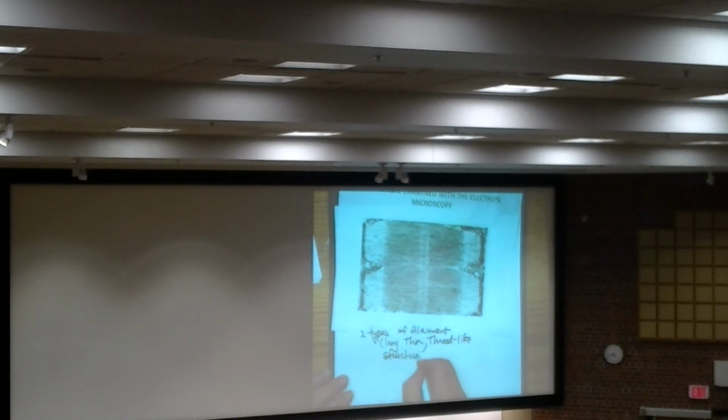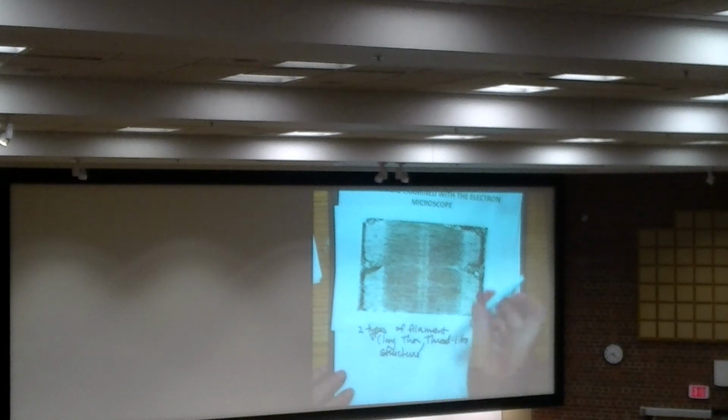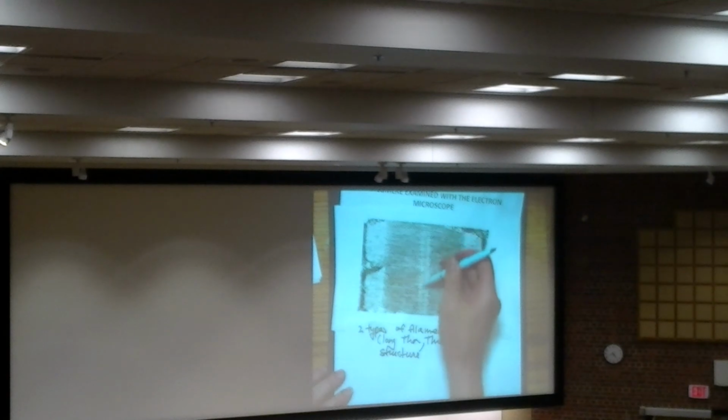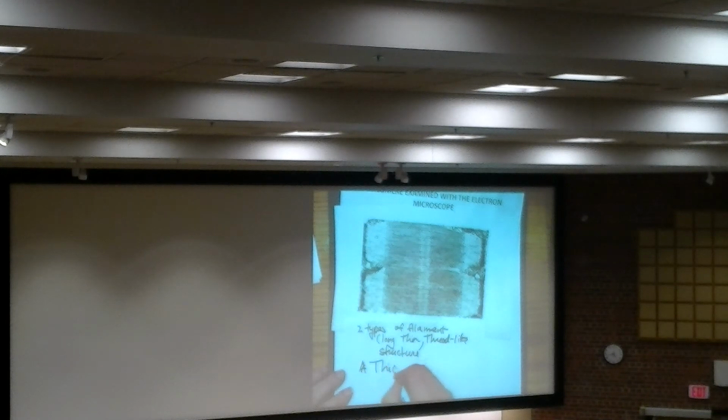Okay? And you can see that the A band has thick filaments, as seen here, darker. The A band has thick filaments that run the length of the A band.